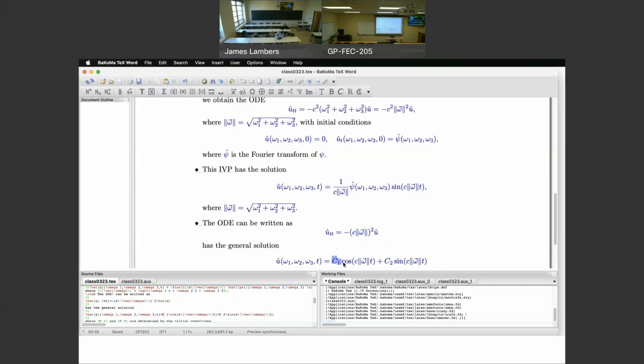Then you have to use the initial conditions to get the values of C1 and C2. So for example, if I set t equals 0, the sine term will go away, the cosine will become 1, and I'm left with just C1. But for this problem, that's supposed to be 0. So that's how you know that there's no cosine term.